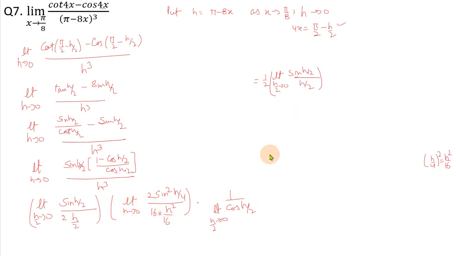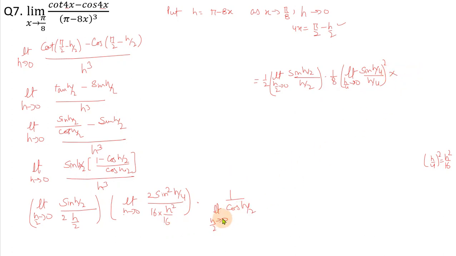So 2 by 16, that is 1 by 8 here. So this term is written as limit h by 4 approaches 0, sine h by 4 upon h by 4 whole square. This is h square by 16.